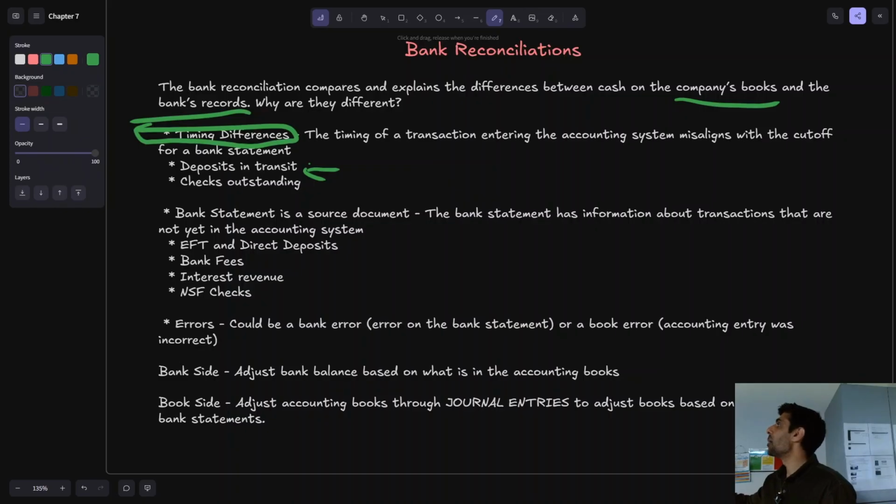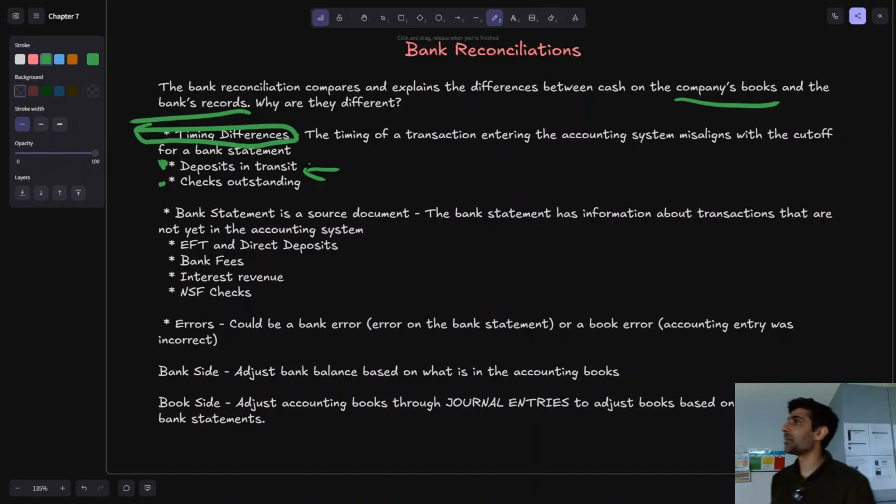You did the journal entry, but you haven't yet gone to the bank and actually deposited the checks. That timing difference is going to show a difference between your accounting system balance for cash and your bank account. This is an important one, especially if you're collecting checks at the end of the month, right? The bank statement is produced as of the last day of the month, but if you collect checks like 2 days before, maybe you didn't have time to go to the bank. A lot of this will happen towards the end of a period, when the bank statement cutoff is happening.